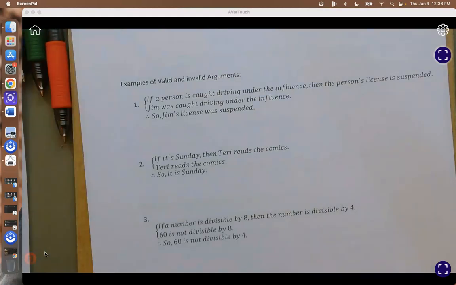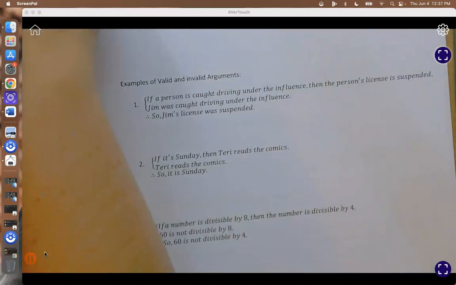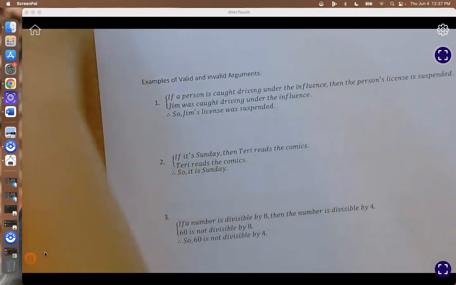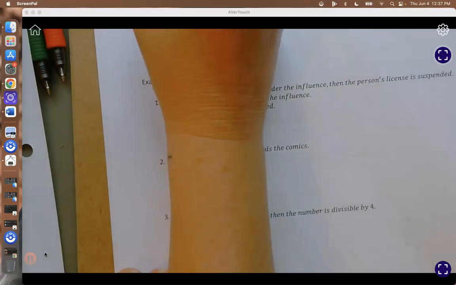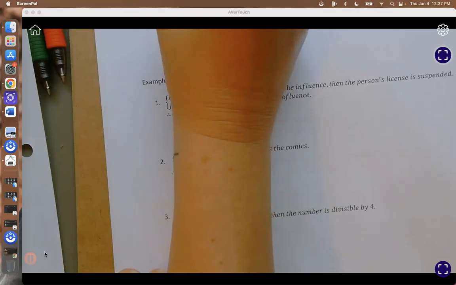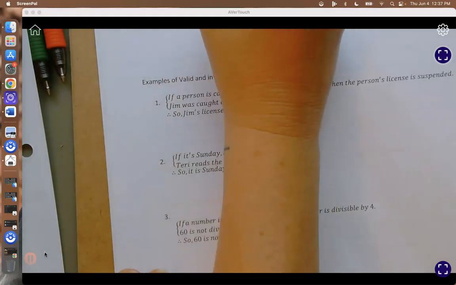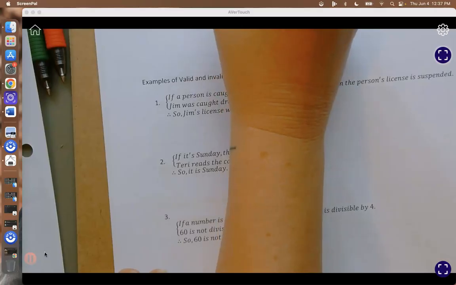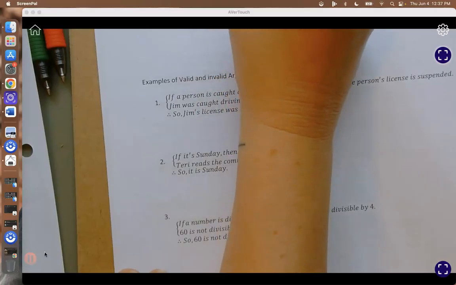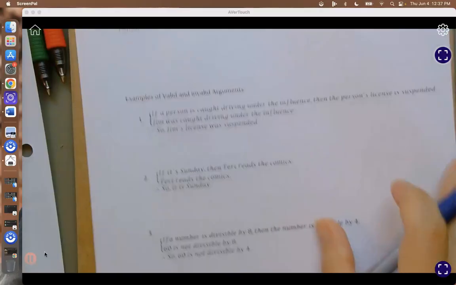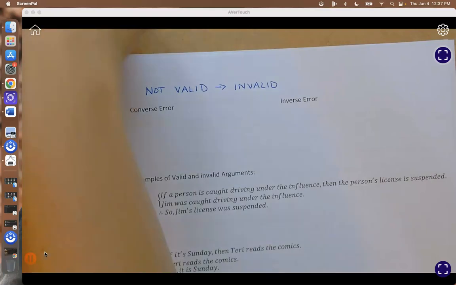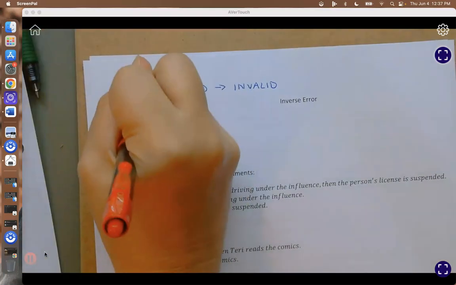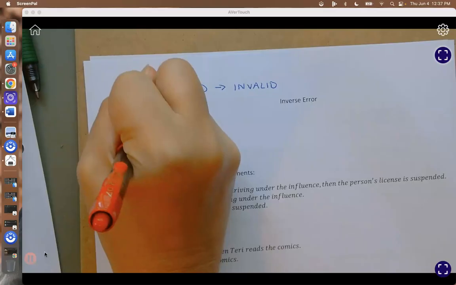Okay, now these, on the other hand, are not valid arguments. So if they don't work, you have to decide which one of these things it is. This would make it invalid. So converse, what does converse mean? You swap them.